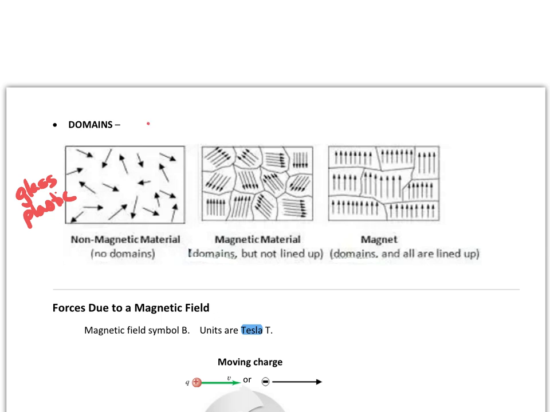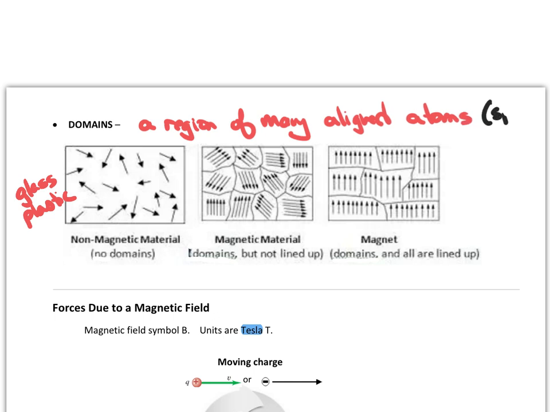A domain is a region of many aligned atoms. And when we talk about aligned atoms, we really mean their spin alignment at the atomic or subatomic level, right? We're aligning spin. So notice here, there are no regions where the electrons are all going the same direction. It's completely random, and there are in fact no domains.